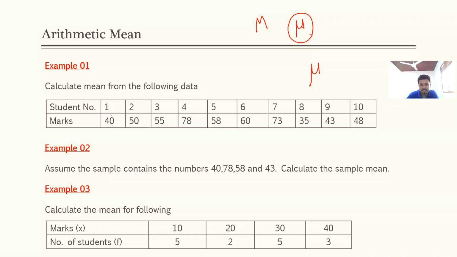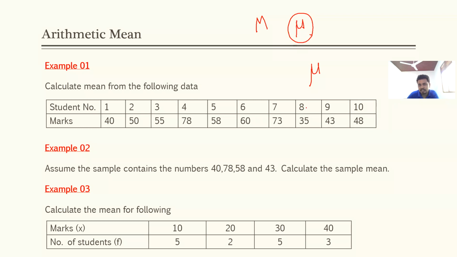The student with registration number 1 has taken 40. The student with registration number 2 has taken 50. The student bearing registration number 3 has scored 55 marks. Likewise, these are just registration numbers. These are not frequencies. This does not say that there are two students who scored 50 each, or eight students who scored 35 each.